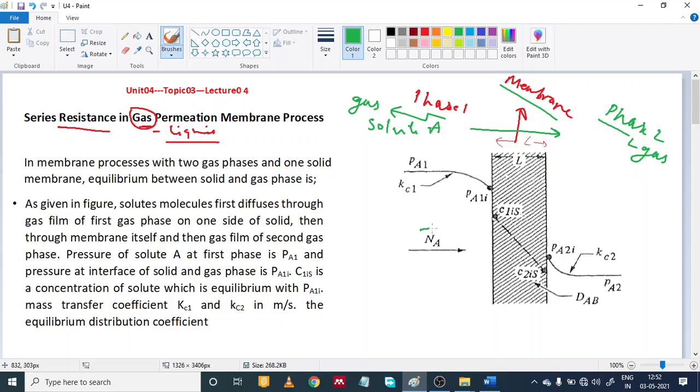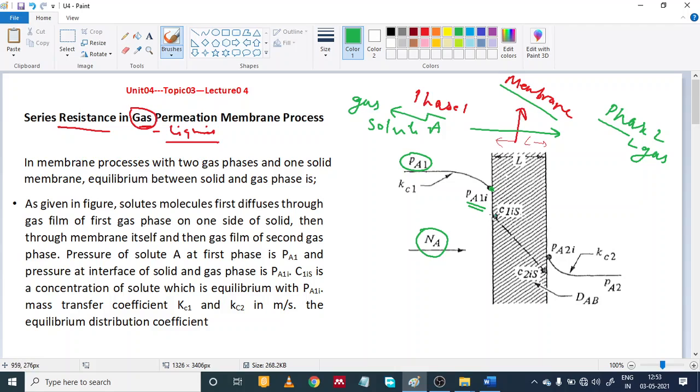So solute A flux can be calculated by NA. So what is going on? Normally, for the gas in the gas phase, we do not show the concentration in terms of concentration but in terms of pressure. So here PA1 is the partial pressure of A in phase 1, and PA1I is the partial pressure of A in phase 1 at the interface between the gas and the membrane, that is a solid phase.